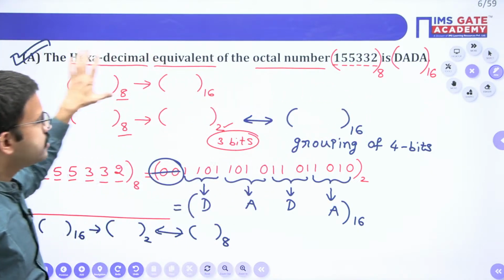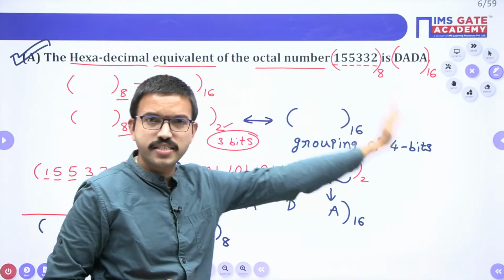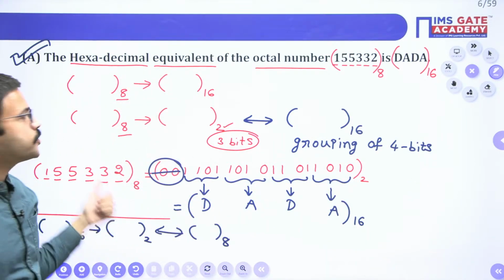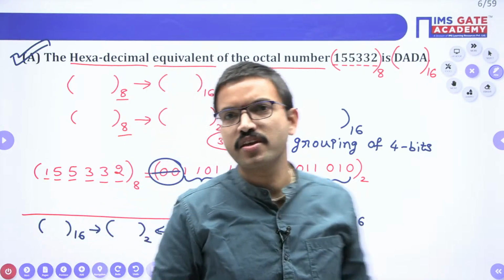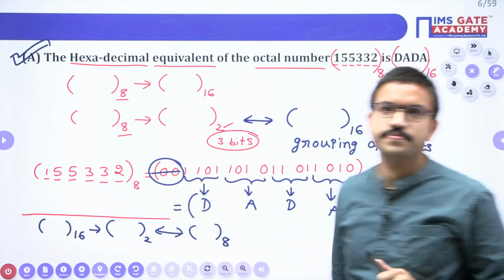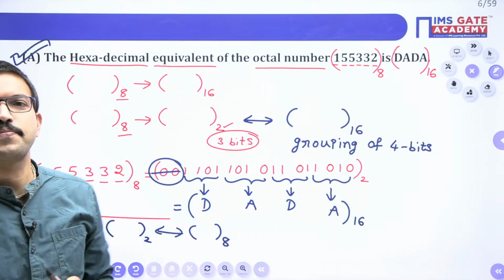Actually, in this question they asked only octal to hexadecimal conversion, but after understanding this solution, in total how many conversions have we done? With the help of option A, how many conversions have you learnt? Can you guess?